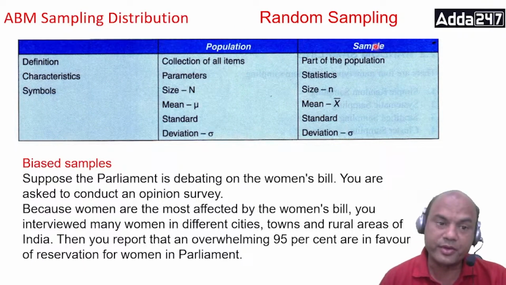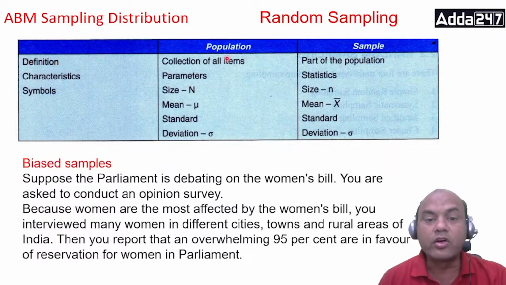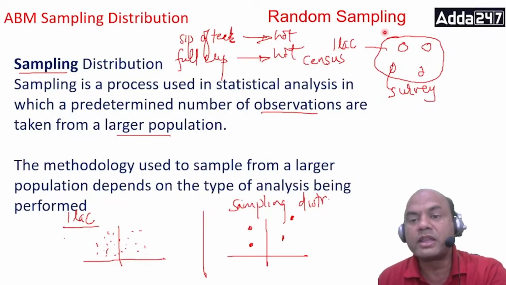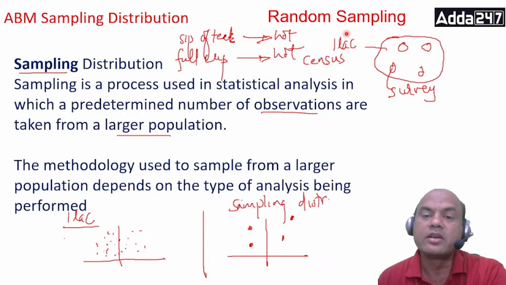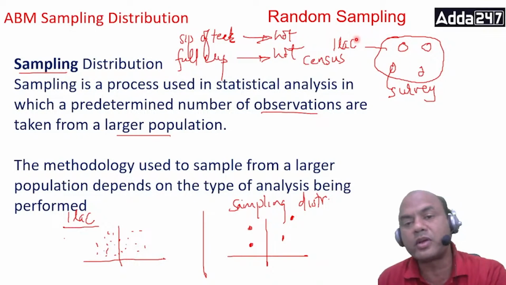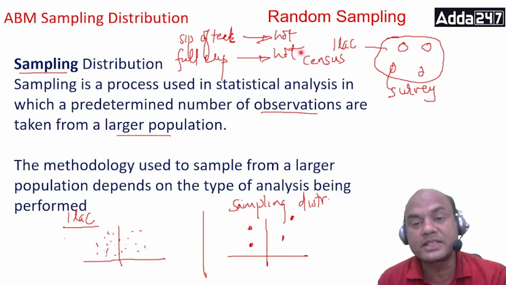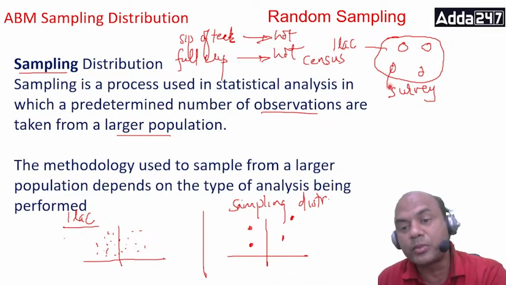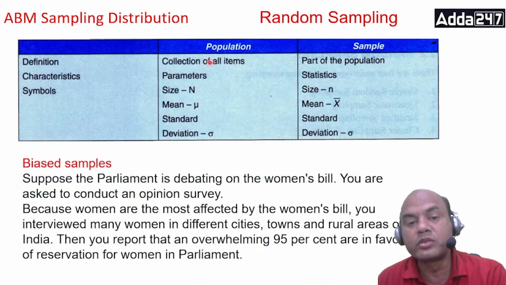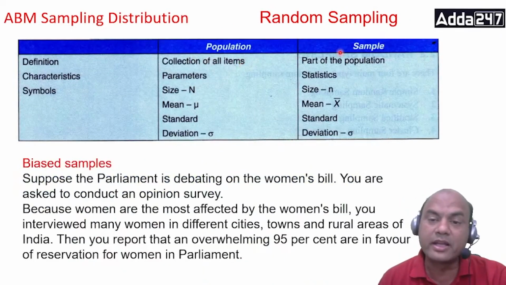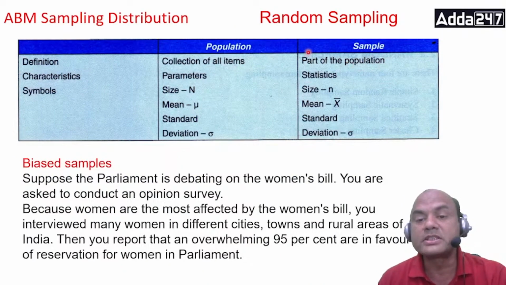Definition of population: collection of all items, full population. Suppose 1 lakh persons, as I told you, 1 lakh is the population of a city. So if I do a survey of the full population, it will be called a census. And this is known as population. So it includes the collection of all items. And here, a sample is part of the population, some part.